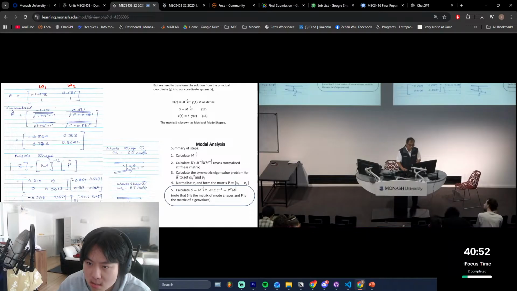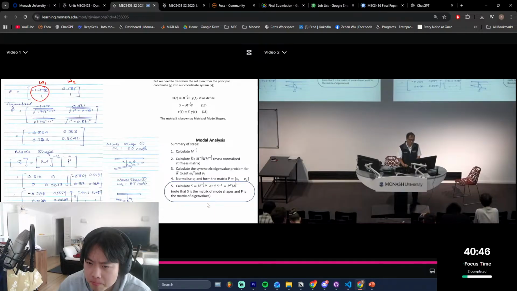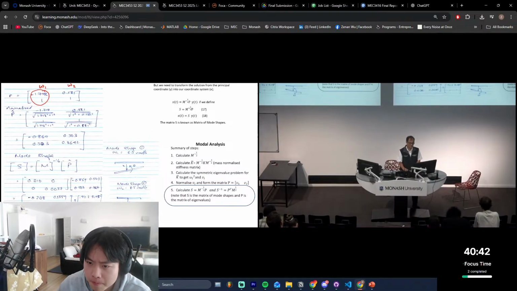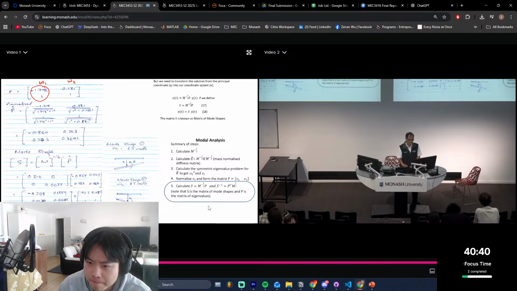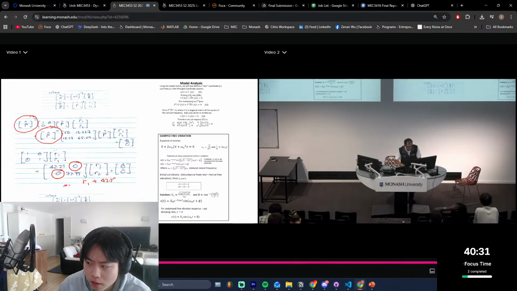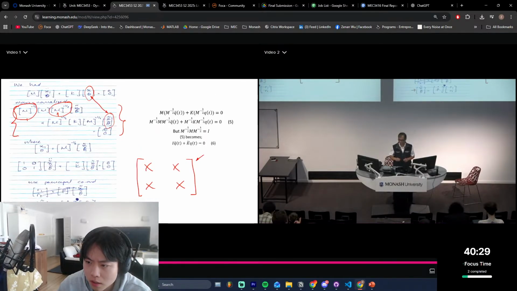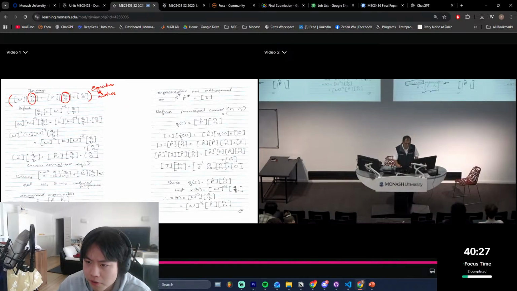Now, by normalizing them, I take the square of 1.7, square of 1, square root it, divide these elements by the magnitude, and similarly I do the same for this one. All right.